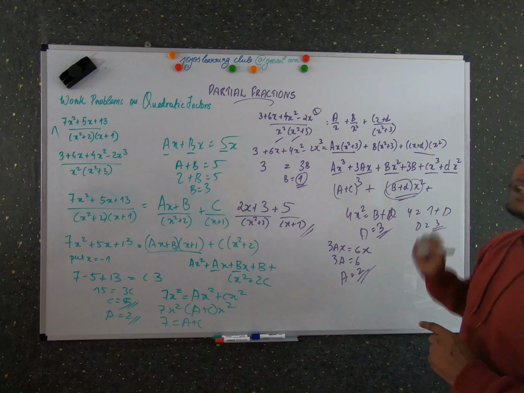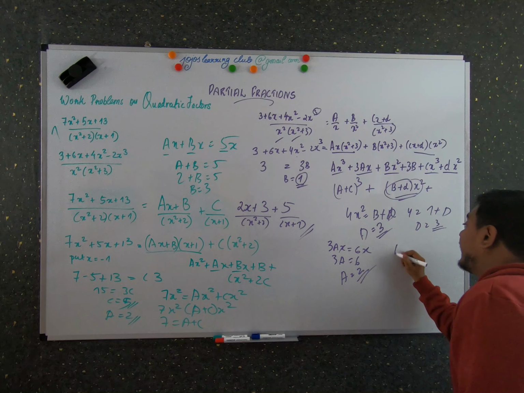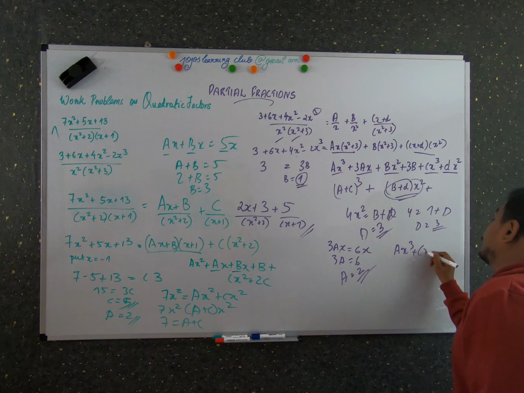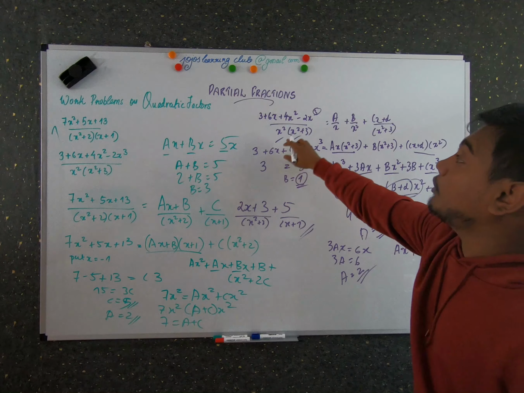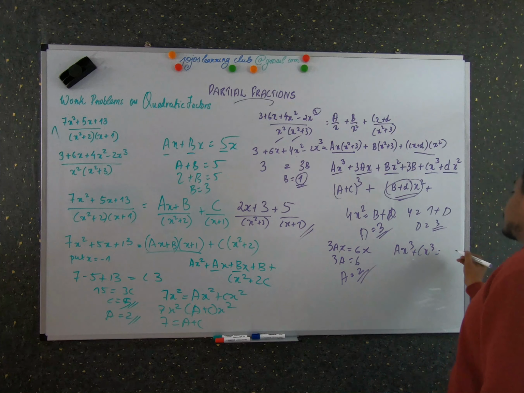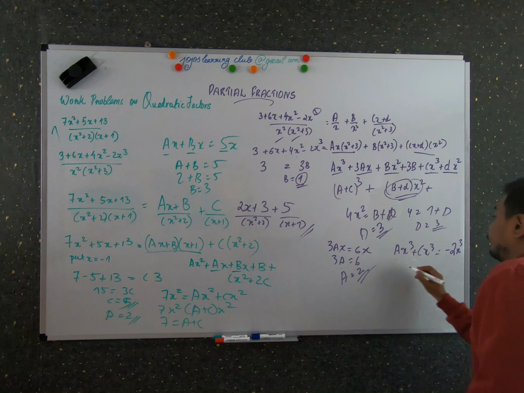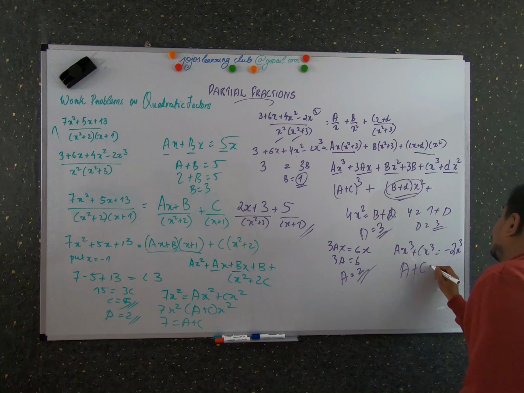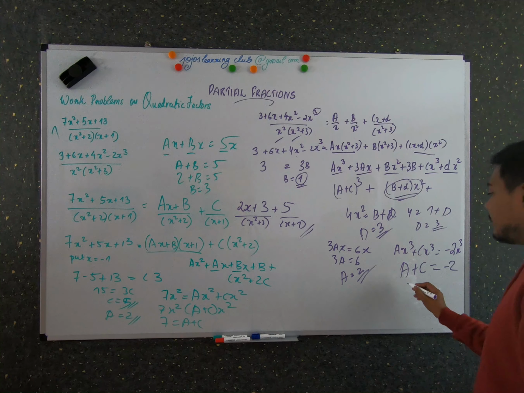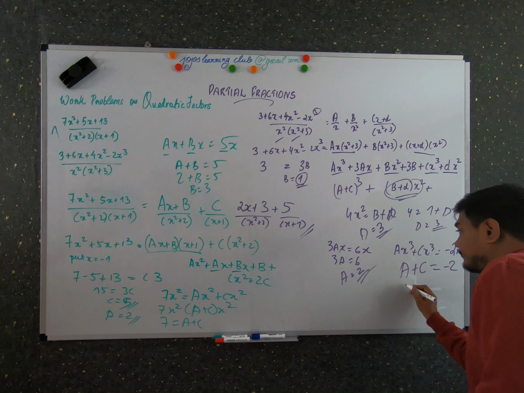For that, equate the x cube terms. So ax cube plus cx cube is equal to minus 2x cube. So a plus c gives you minus 2. What is the value of c? A's value was 2, so c is equal to minus 2 minus 2, which is minus 4.